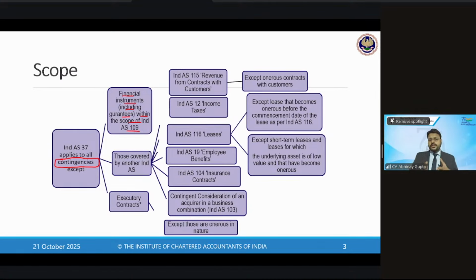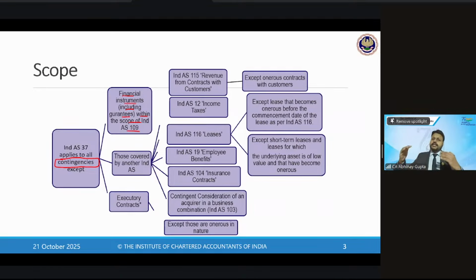So the subsidiary company is taking a loan from a bank or some other lender, and to that lender, the holding company is giving a guarantee that if the subsidiary company defaults, then I will honor, right? So these are called financial guarantees. Now, whether the subsidiary company will default or not, that we do not know on the date of giving such guarantee, right?